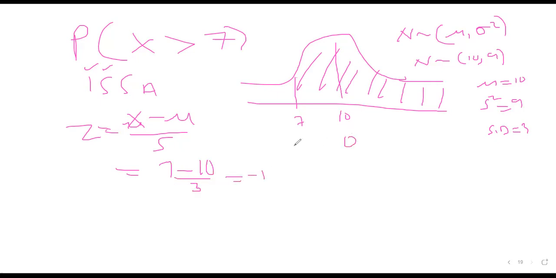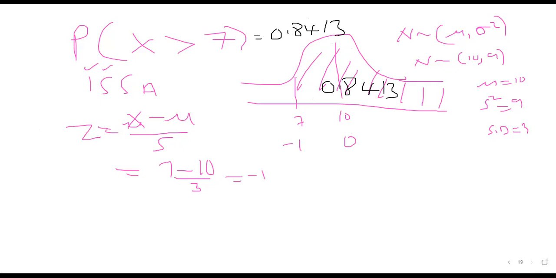So this is 0, this is negative 1. So we memorize our negative 1, or our 1 in short. Who remembers the reading for 1? 0.8413. Are we subtracting from 1 or reading directly as it is? We're reading direct. Why? Because the shading is indeed greater.